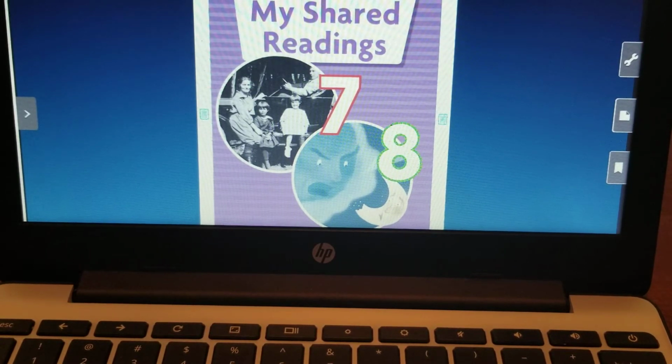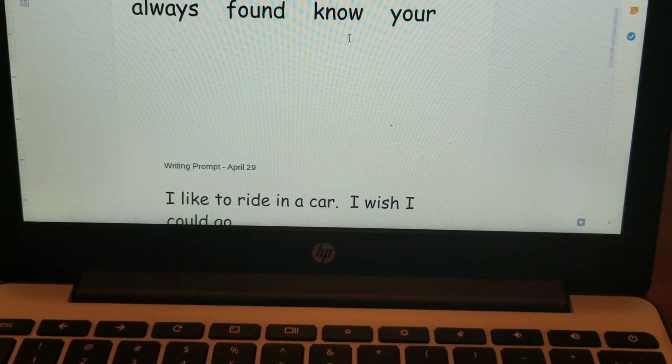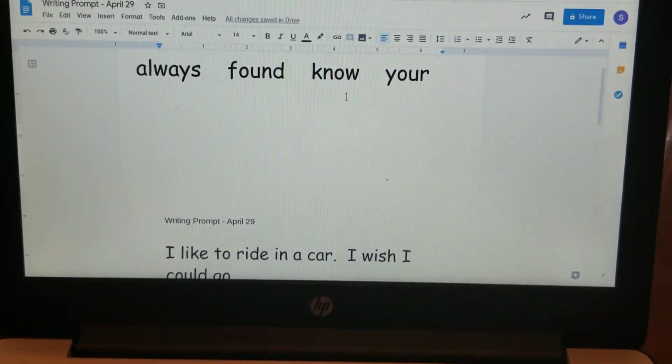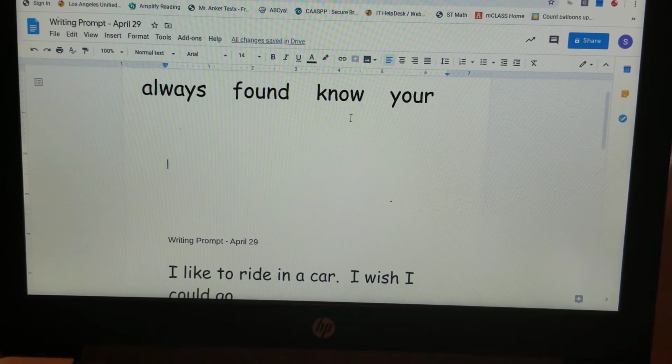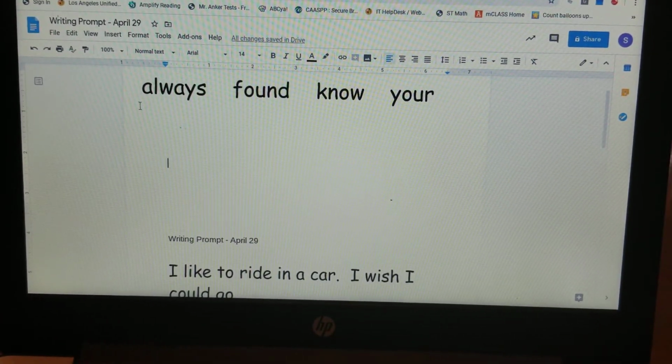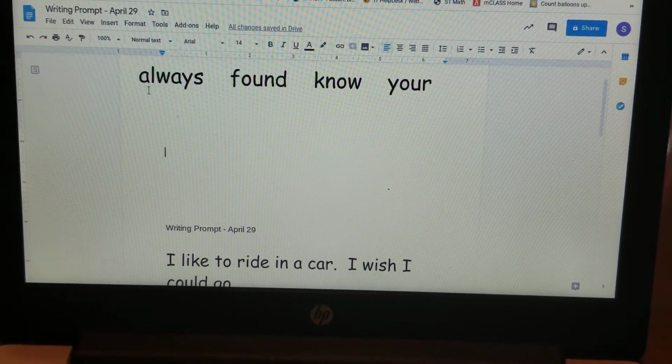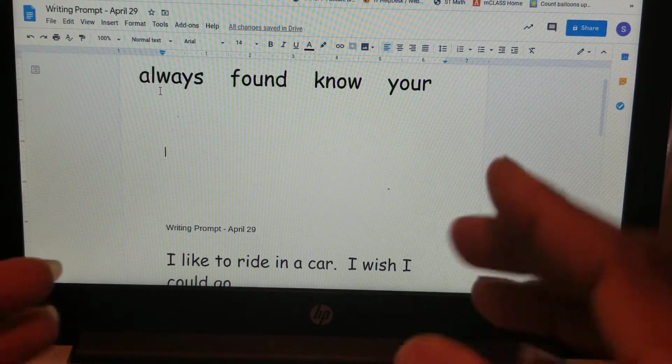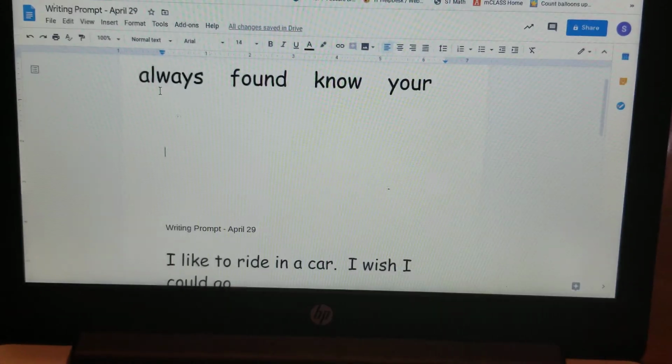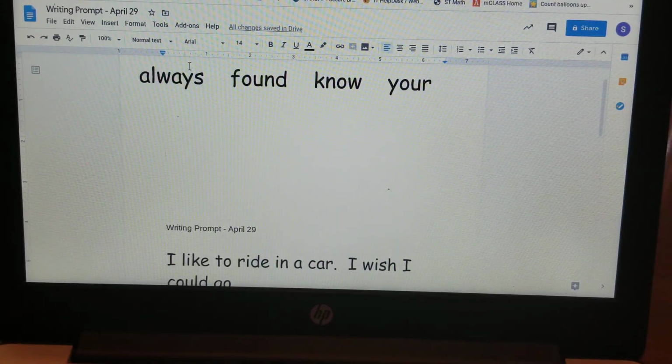Okay, now let's just take a quick look at what our high frequency words were for last week. We had always, and this one has two syllables too. Always. Because I see all, even though it's one L, always.